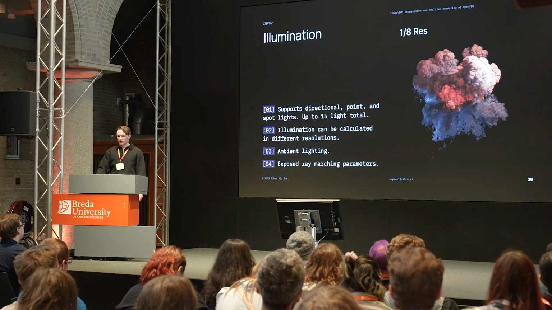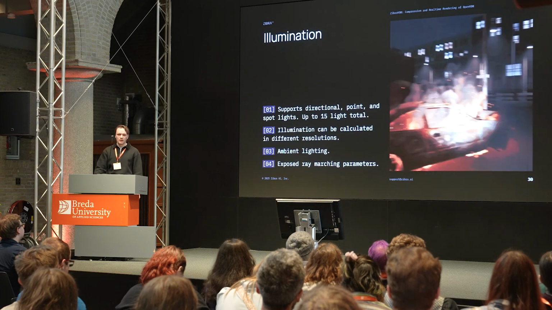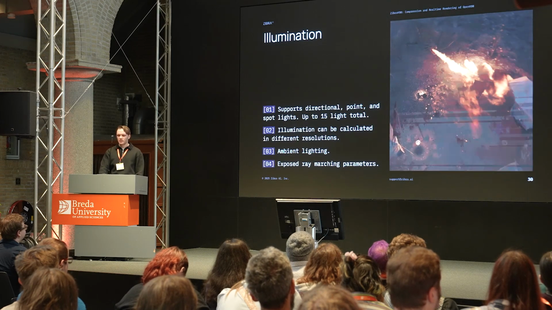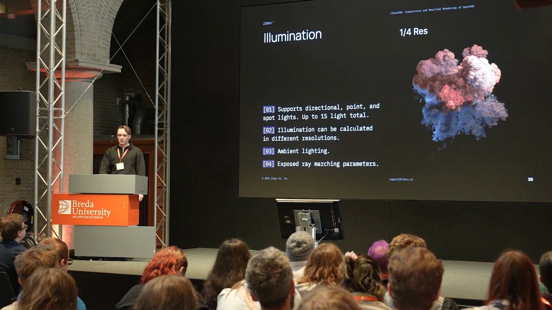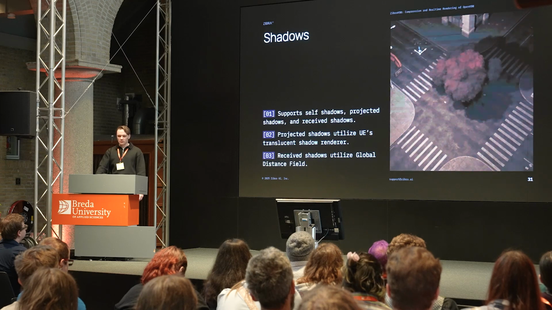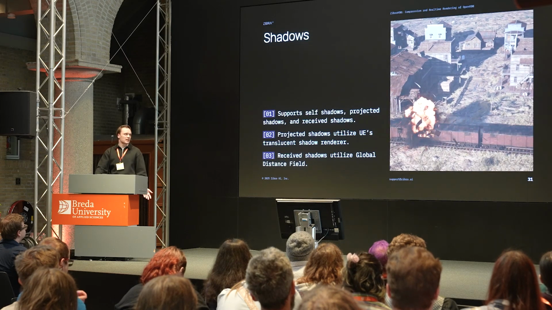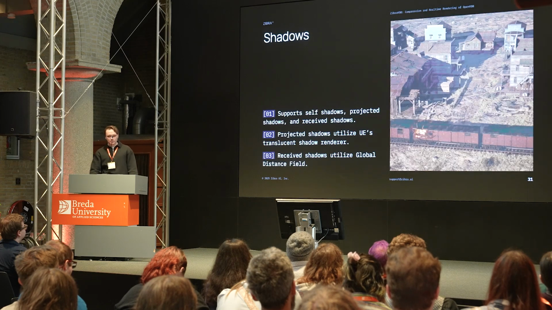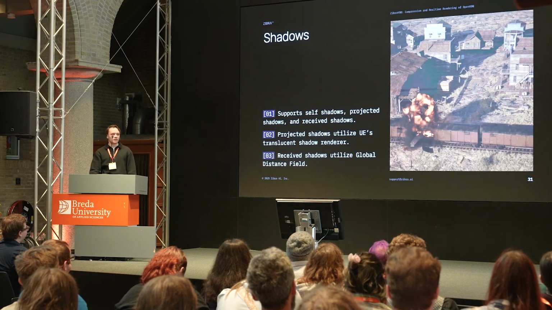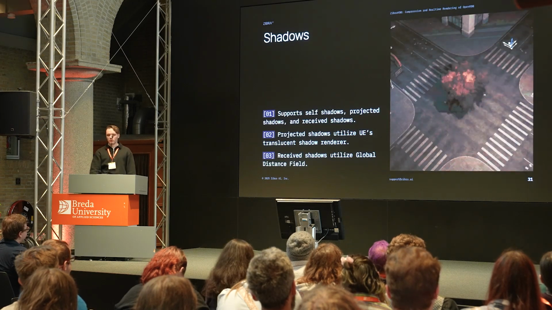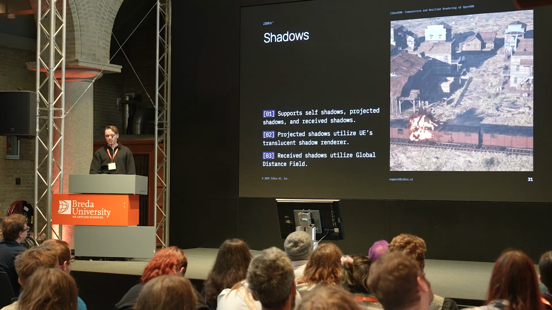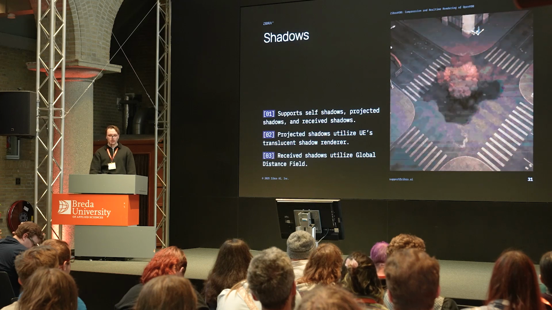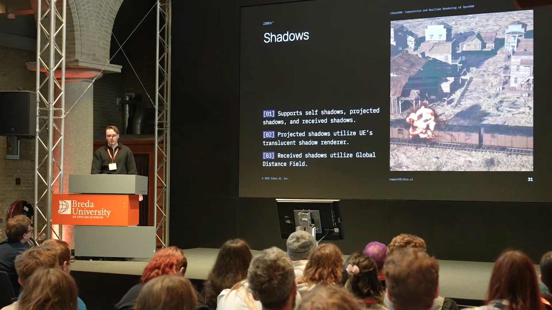We have many features for illumination, like ambient lighting. As I said, you have access to ray margin parameters, so you can optimize it per effect and all that. We have shadows, 3 types of shadows actually: self-shadows, projected shadows, and received shadows. Projected shadows are rendered using the Unreal translucent shadow renderer, which is not ideal, but it is like 10 times faster for rendering shadows than in heterogeneous volumes, and it does a pretty good job.